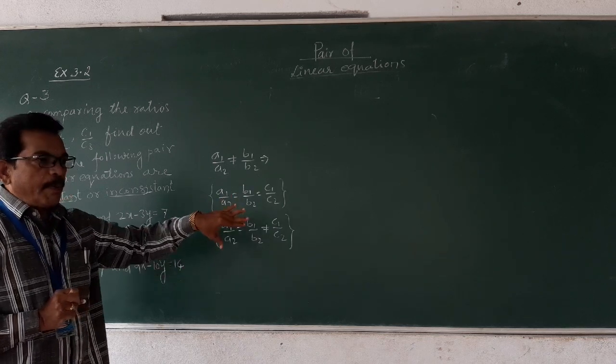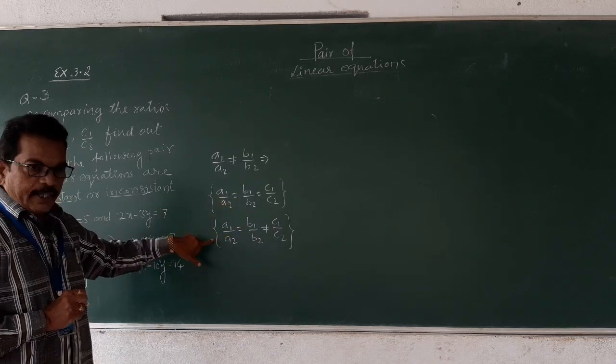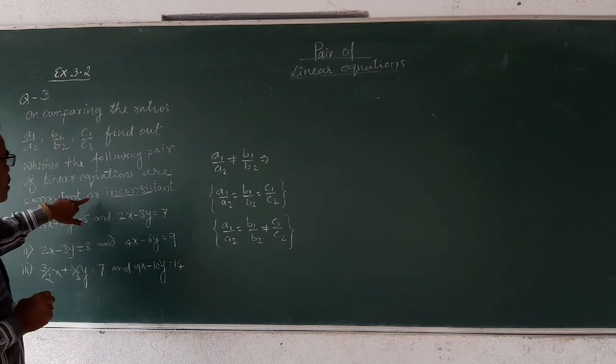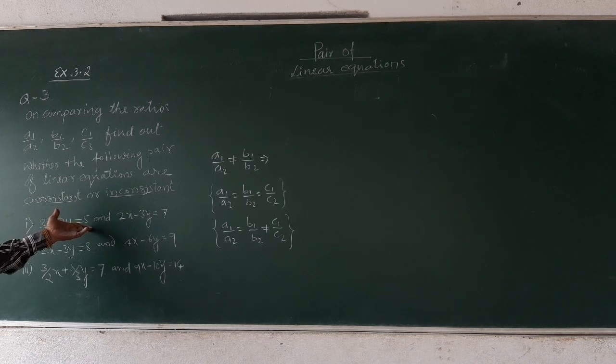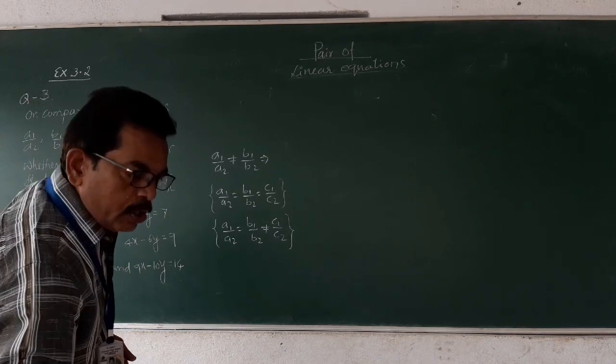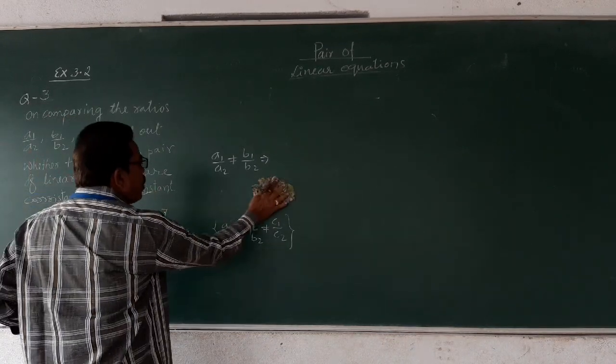If the lines are parallel, that represents the inconsistent form of the pair of linear equations. On this basis we have to find whether the given pairs of linear equations are consistent or inconsistent. Okay, let us move to solve these questions one by one.